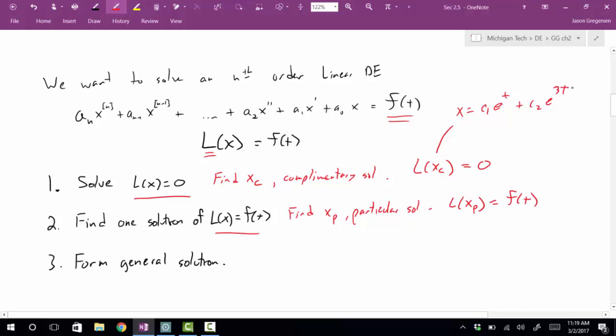That is a family of solutions, infinitely many solutions, because c1 and c2 could be any constant here. This x sub p that I'm talking about is going to be one specific solution. xp is going to look something like t squared plus 4. I don't know. No constants there, not a big family of stuff. It's one specific solution.